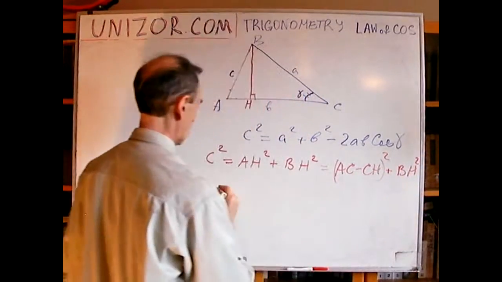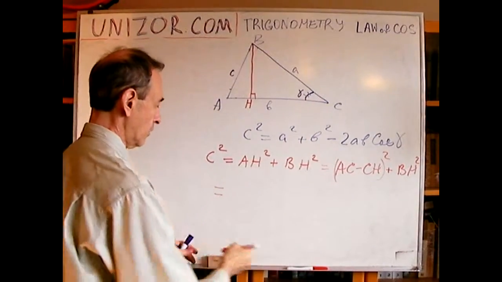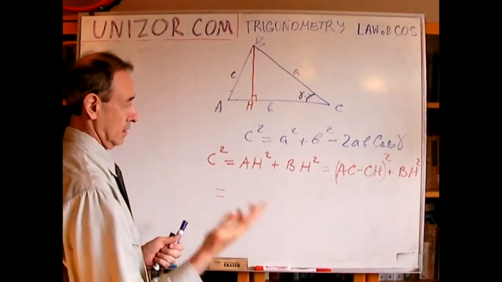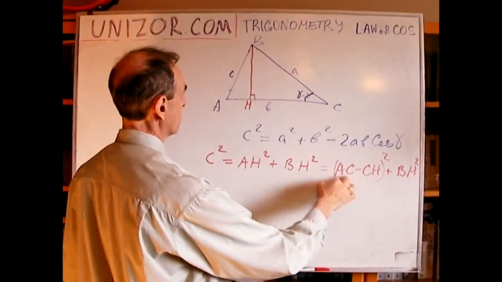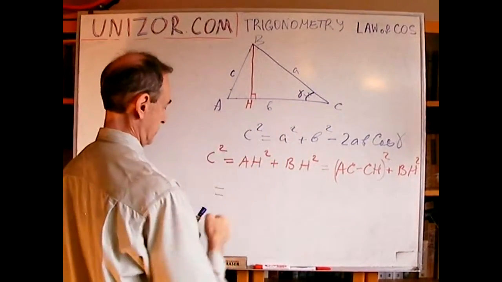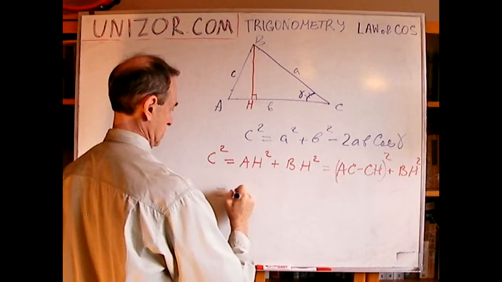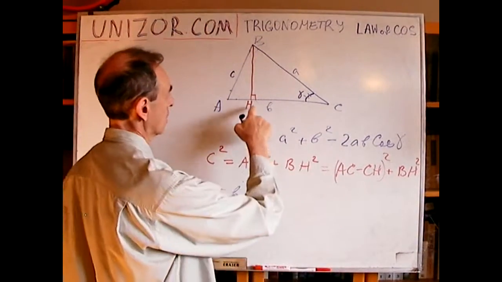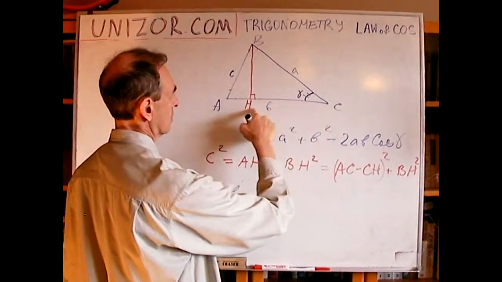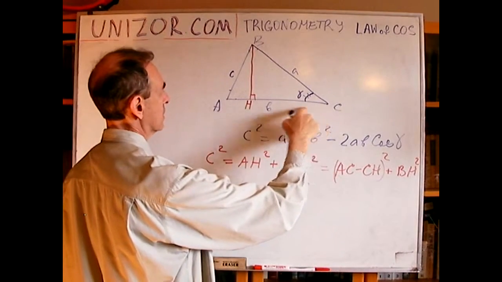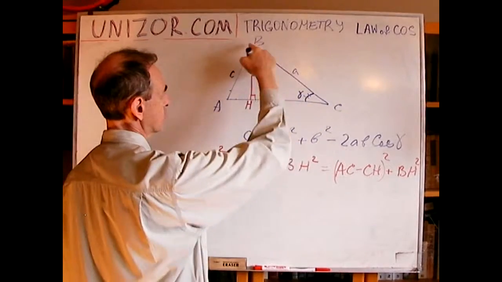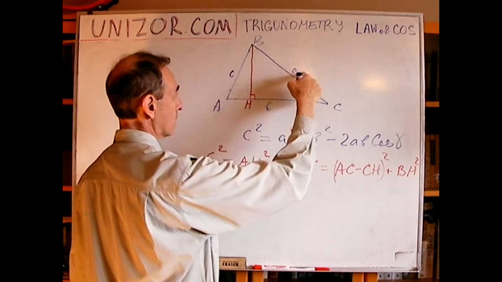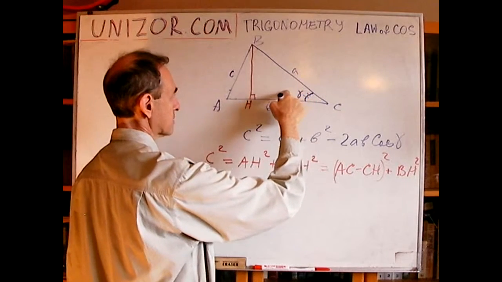Squared equals. Now, we will switch to trigonometry. Why? Because AC, we know what it is. It's b, right? Now, what is CH? CH is a cathetus in this triangle BCH. It's adjacent to gamma, so it's equal to the hypotenuse, which is a, times cosine of gamma.